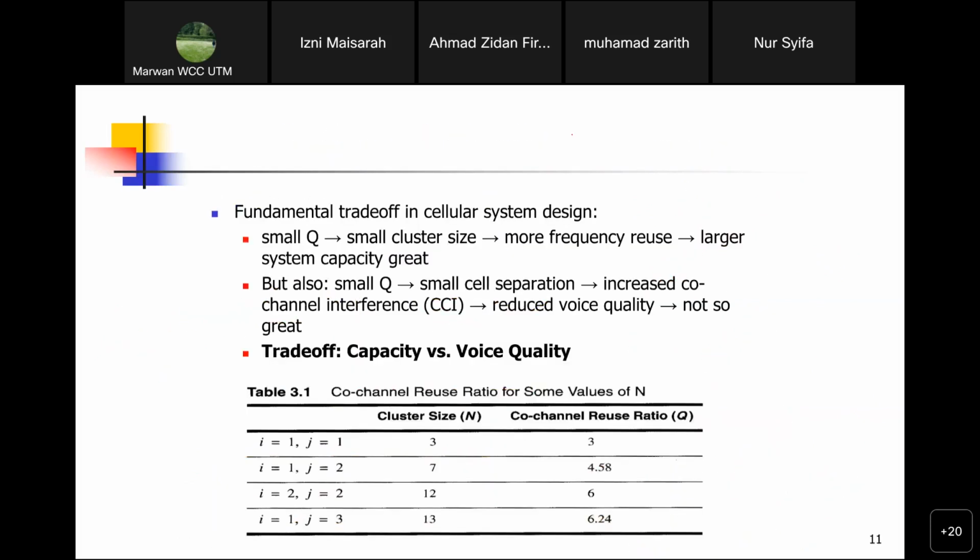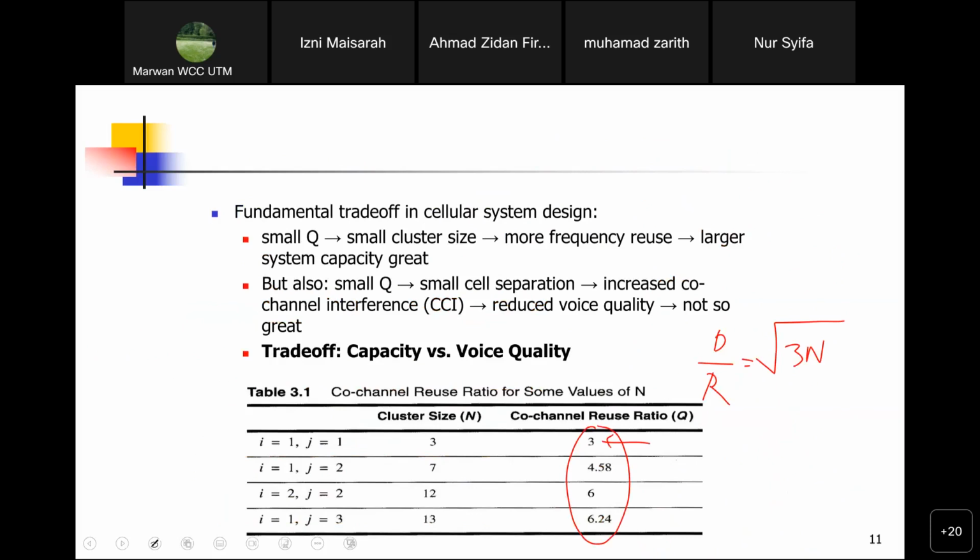Okay, so at the end, the idea is it depends on this value, which is D divided by R, the square root of 3N. So if N equals 3, 3 times 3 is 9, square root 9, that's why you get 3.